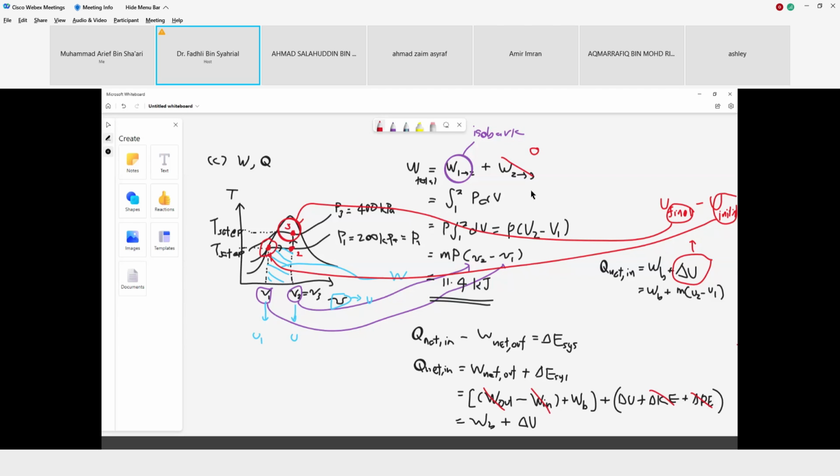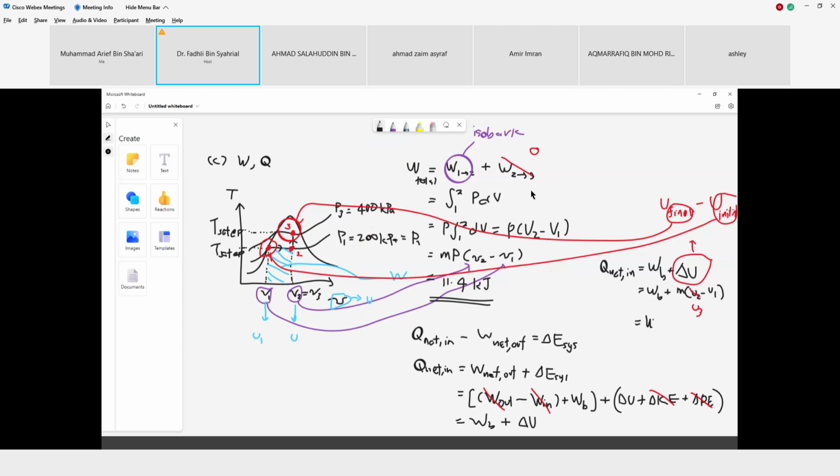So that means this is not U2. Please be careful. I have 3 states here: state 1, state 2, and state number 3.